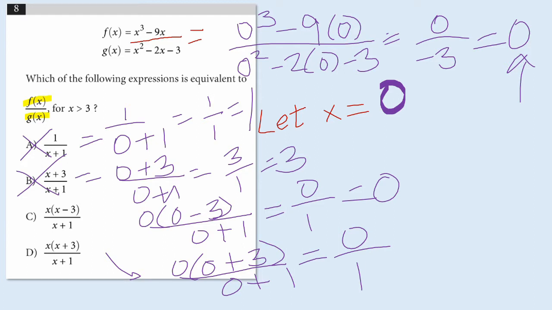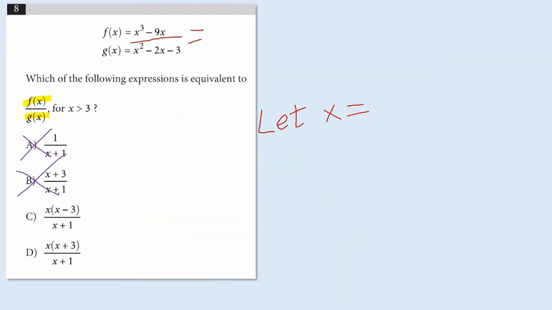All right, so since we know that the answer is either C or D, what we can do is pick yet another value for x and see what we get in the question expression and see which of the answers, C or D, matches that value. Another value that I like to work with is 1, because 1 is very simple to use in computations.